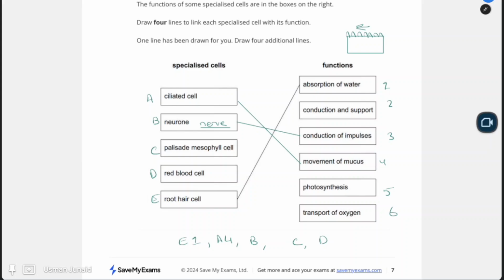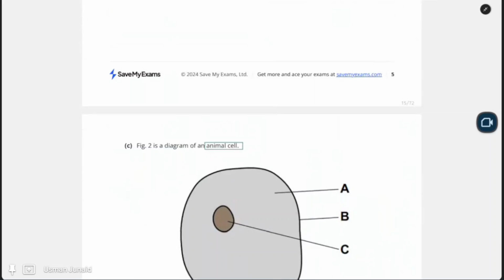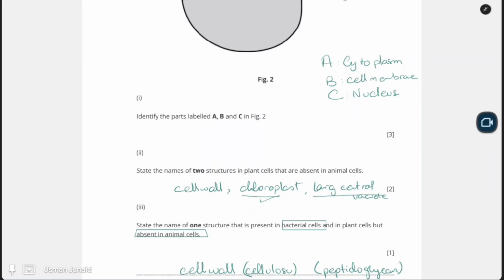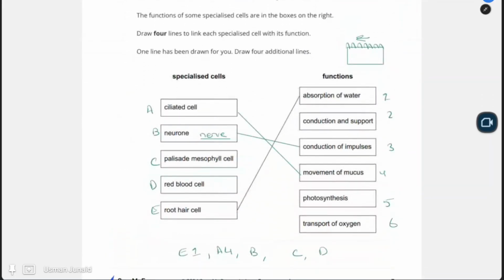We said that they are found in which part of the plants? Yeah, they're found in plants. And which part are they found in? They're found in the leaves. Okay, so it is photosynthesis, exactly. Now, red blood cells. What do they do? The transport of oxygen. Yes, six.